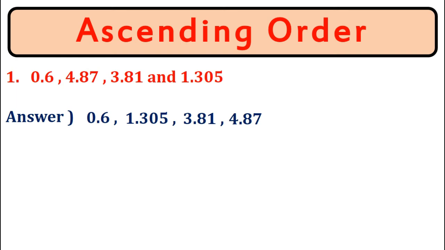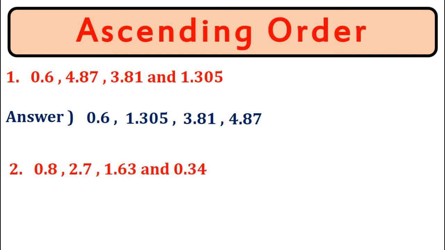So the ascending order of the given set of decimal numbers in example 1 is 0.6, 1.305, 3.81 and 4.87. Let us look at the second example, which is 0.8, 2.7, 1.63 and 0.34.